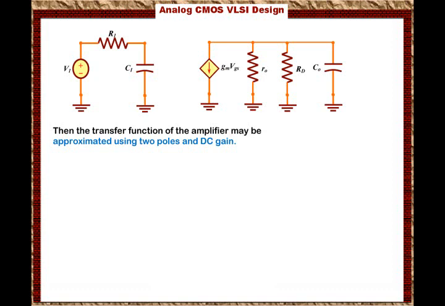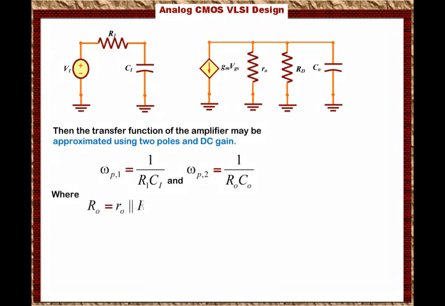The first pole of the amplifier, we're going to call it omega P1, will equal 1 over R1 times CI, whereas the second pole of the system, omega P2, will equal 1 over RO CO. Here RO is the parallel combination of a small RO in parallel with RD, and CI will equal C1 plus CGS, and CO will equal CDS plus C2.